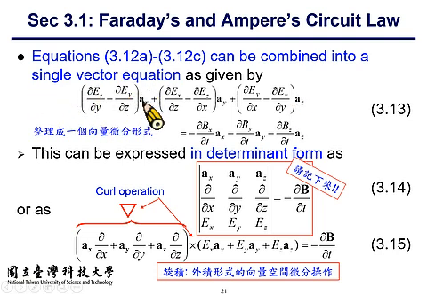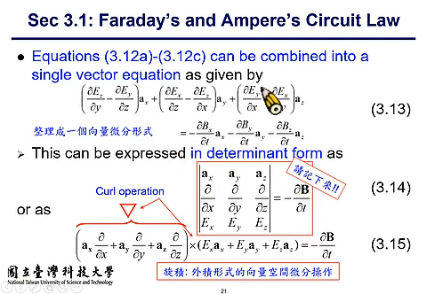Again, check out this term. For the x component, it is associated with EZ differences in the y direction and EY differences in the z direction, and this result is placed in the x direction. So they are all in the lateral direction. They in fact exhibit the cross product form.